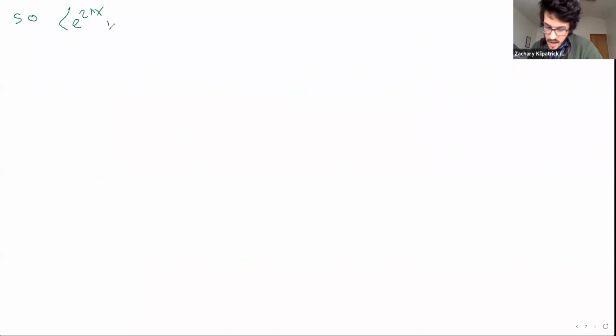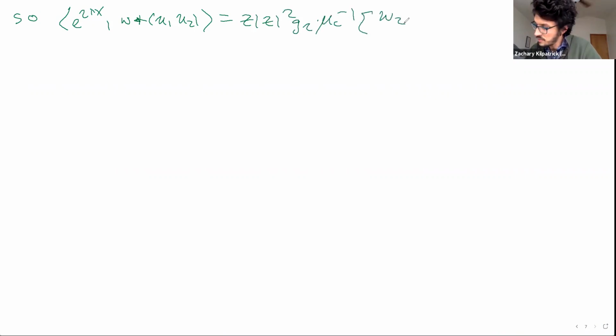E to the 2ix w convolved with u1, u2. Okay. And we get at the end of the day that this is equal to z squared g2 mu c to the -1 w2 over 1 minus mu c w2 plus 2 w0 over 1 minus mu c w0.